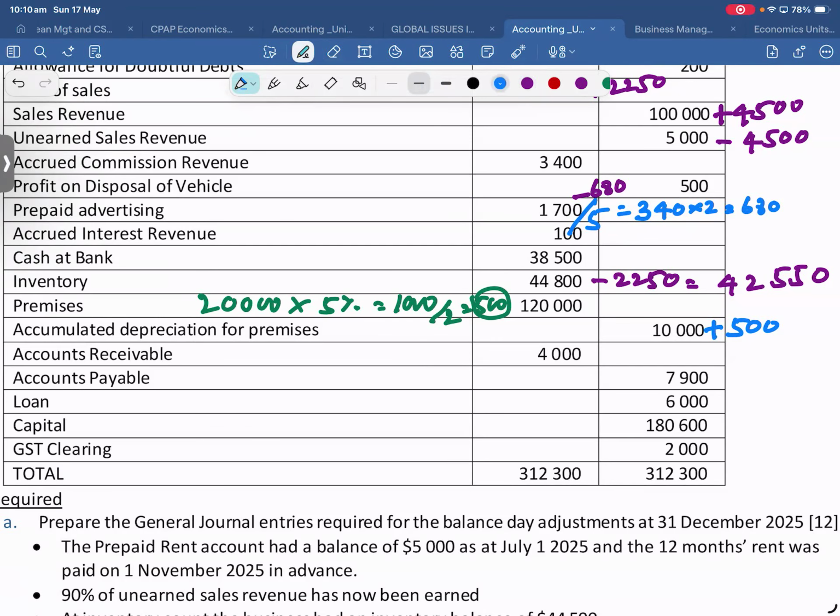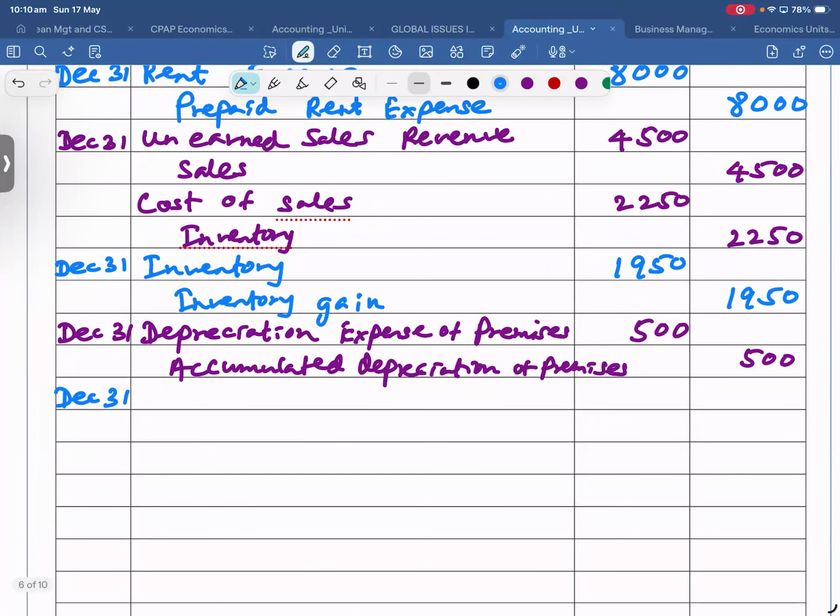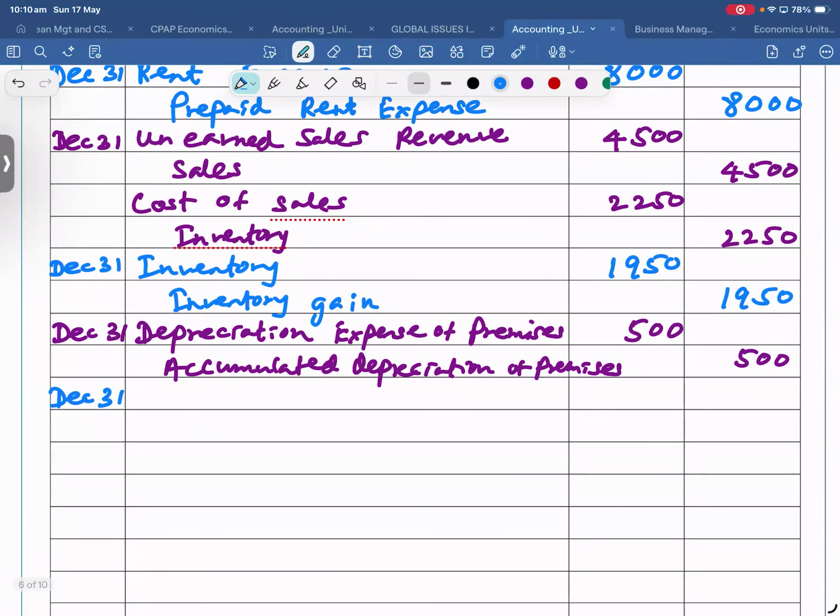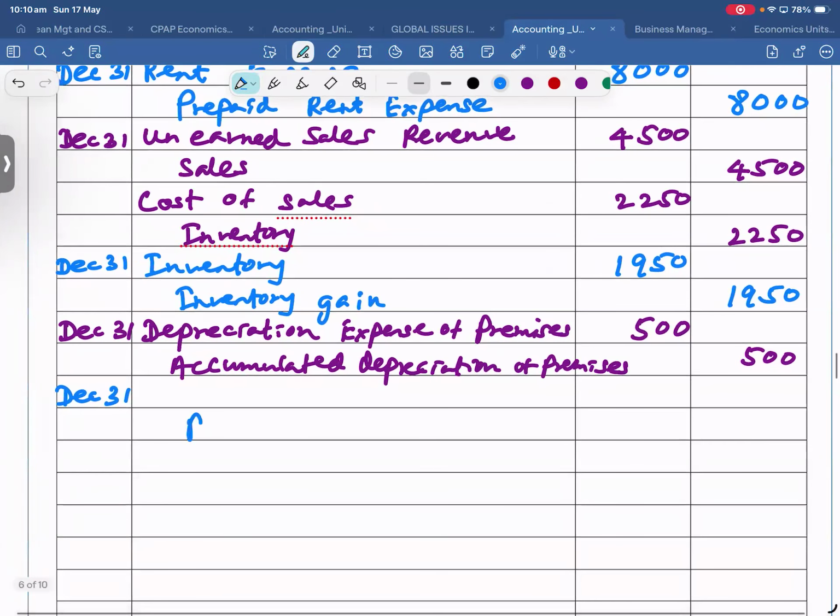Prepaid advertising is decreasing. So asset, prepaid advertising is an asset. Asset decreases. Debit or credit? Credit, right? So prepaid advertising credit.